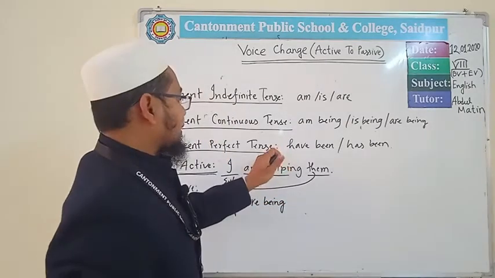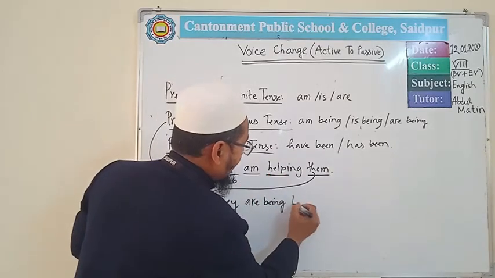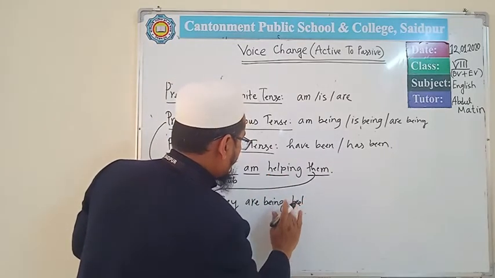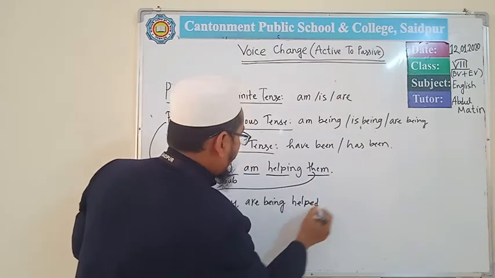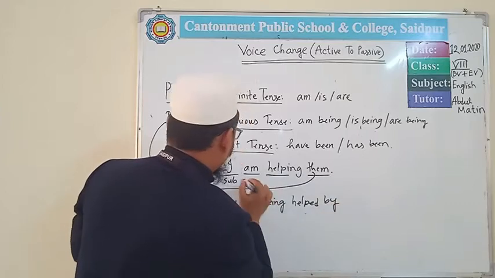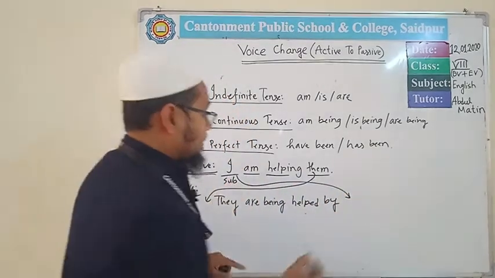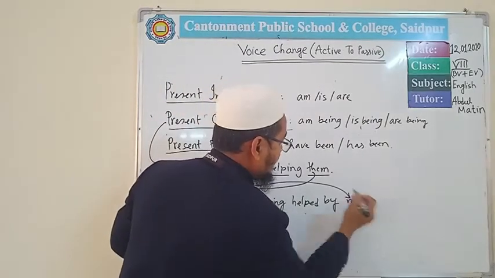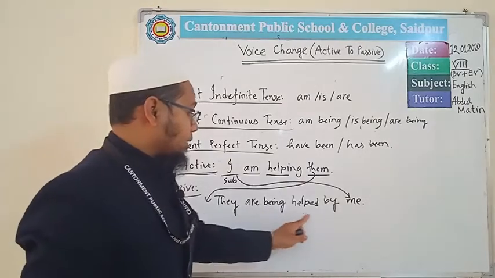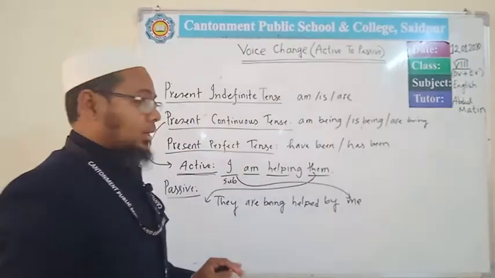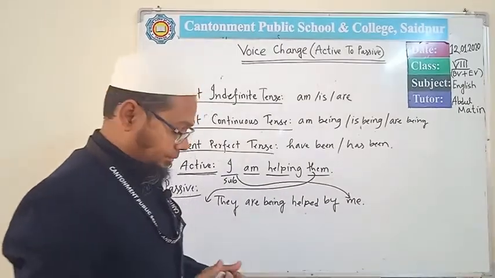And then verb 3. Verb 3 of help, helped. And then by. After that, the objective form of I will be me. So the answer is they are being helped by me. This is the use of present continuous tense. Are you clear? Okay.